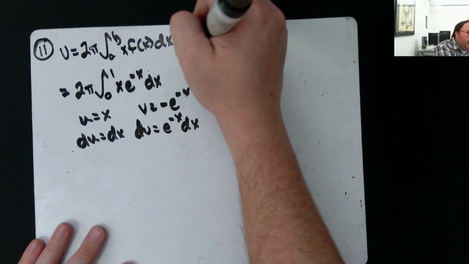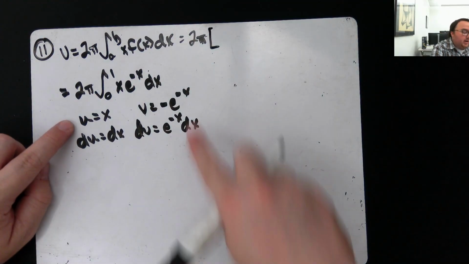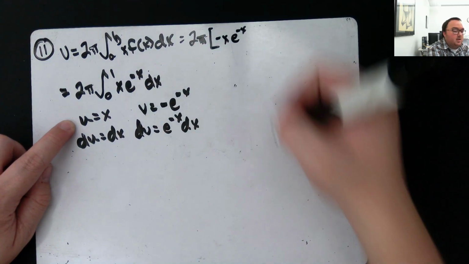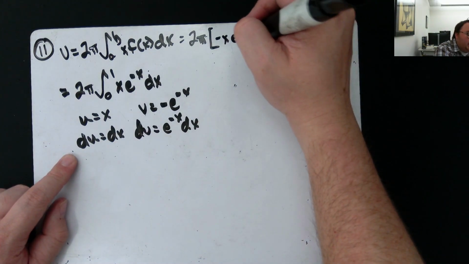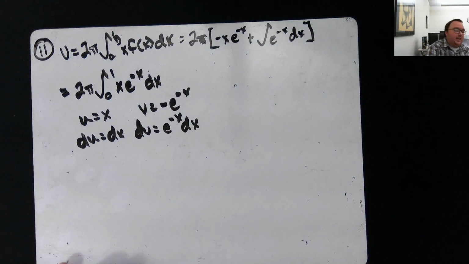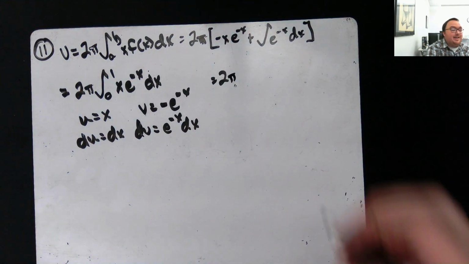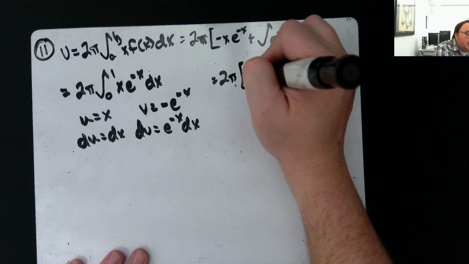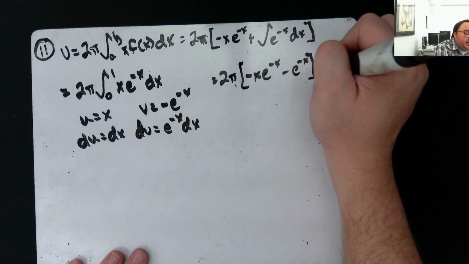So 2 pi times this whole thing, u times v would give me negative x e to the negative x, minus the integral of v du would make that plus e to the negative x dx. As I just said, the antiderivative of e to the negative x is just negative e to the negative x. So that's what I end up with from 0 to 1.